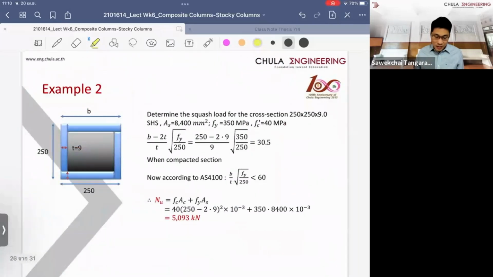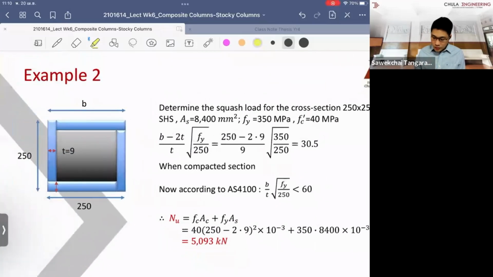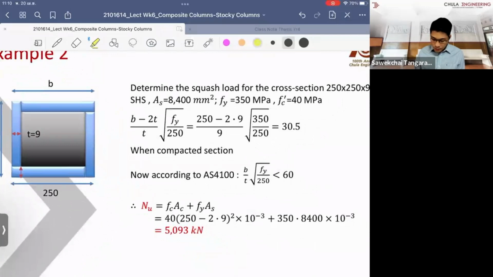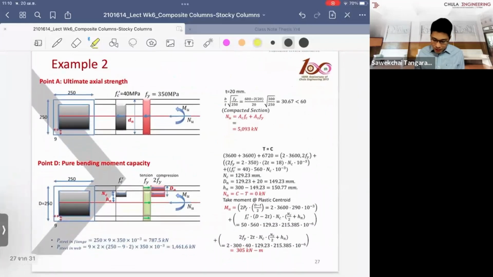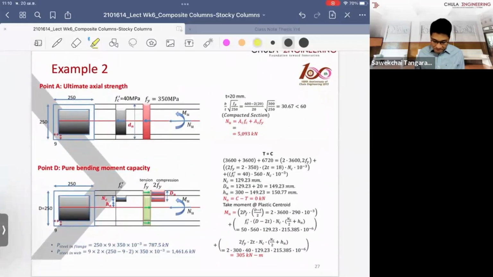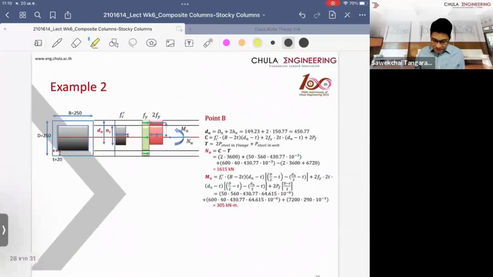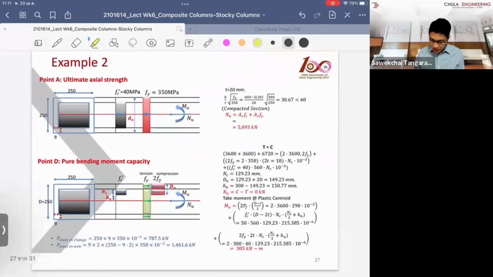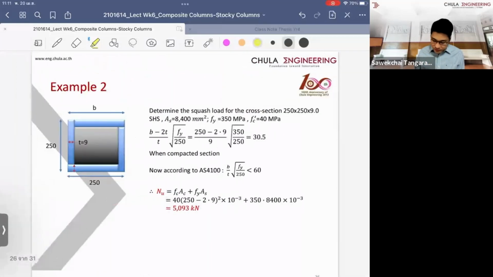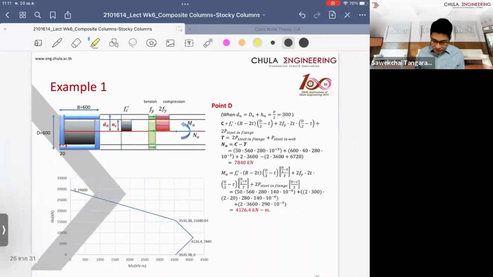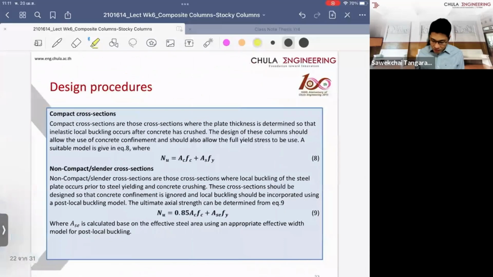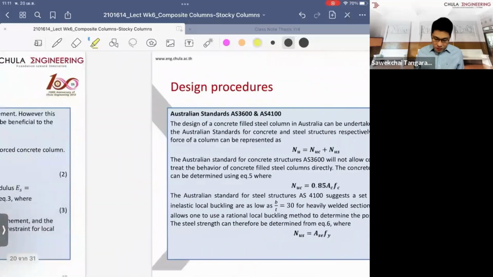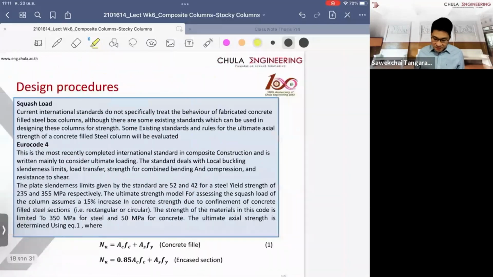The nice thing about example number 2, let me have a look. This is the non-slender case. Do we have a slender section? Nope, this is all compact. All right, so we had 2 examples at the end.